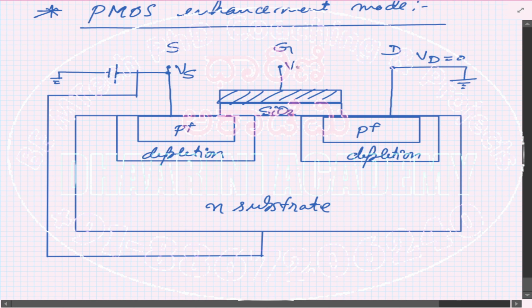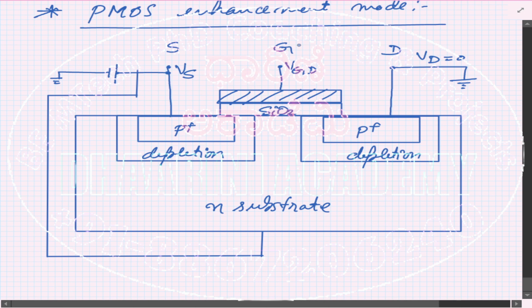So this notation is VGD now. It's not VGS. PMOS is VGD because drain is at ground, not the source. Previous case VGS was written because source was connected and drain was not at a ground potential. Okay, that's the only difference. So now in the PMOS enhancement mode, when VGD is a positive, bigger voltage, there is no channel, right?